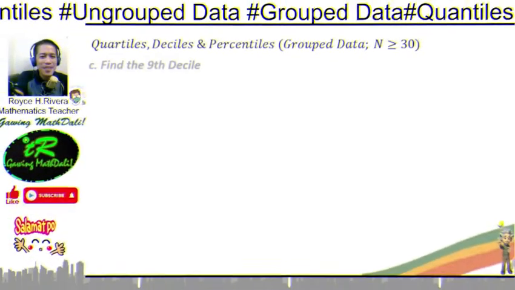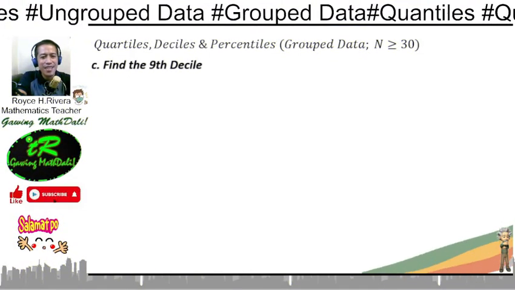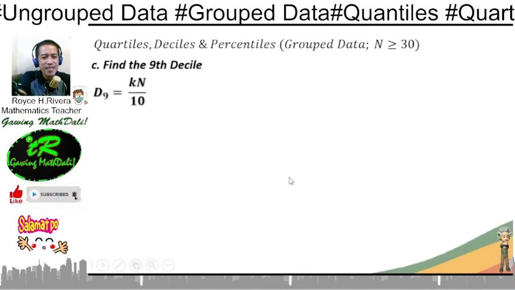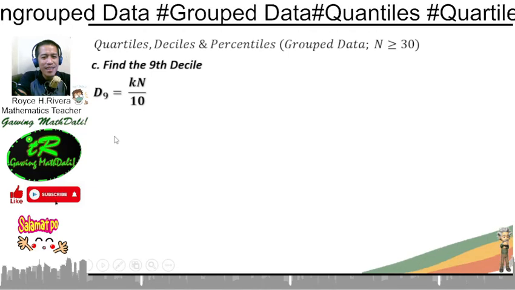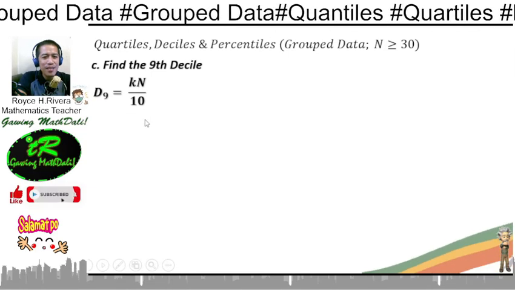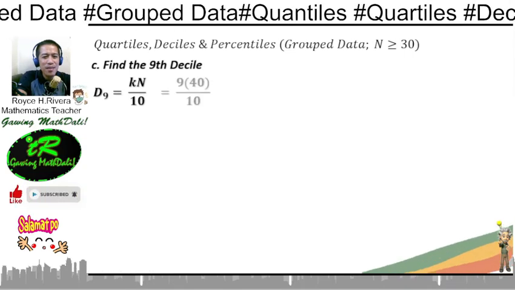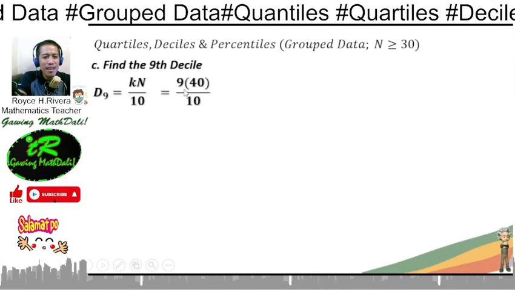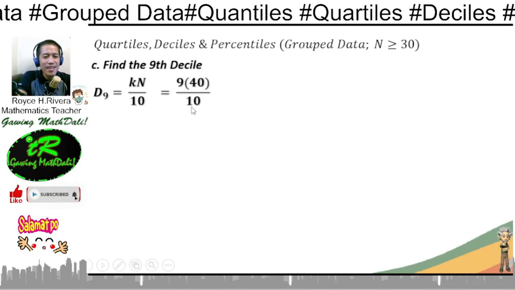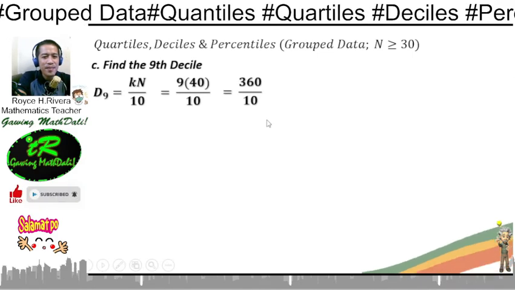Ngayon, huling hirit na. Let us find the ninth decile. The formula, decile 9 is equal to K times N all over 10. By substitution, we have 9 times 40 over 10. And that is 360 over 10.